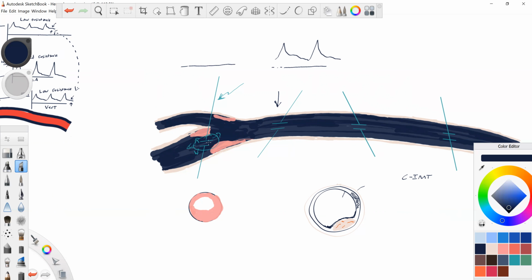I have not drawn a terrible stenosis, so it's still a low resistance flow. There's going to be some turbulence. But for the most part, we still have a recognizable flow pattern.